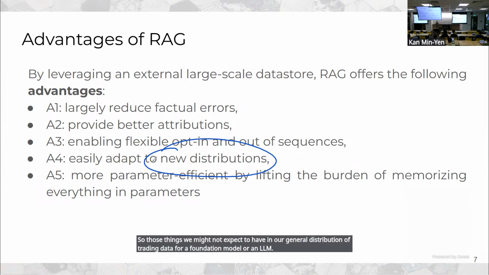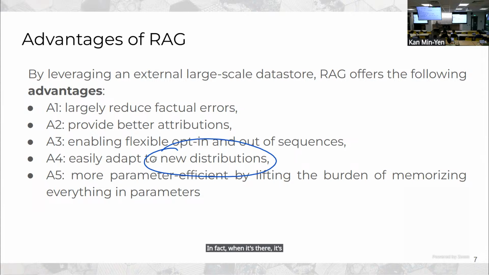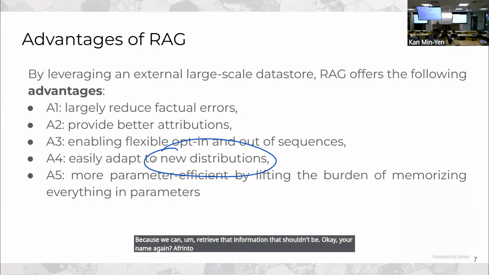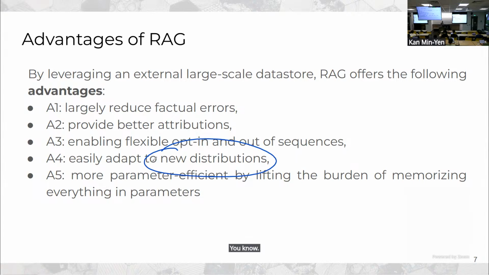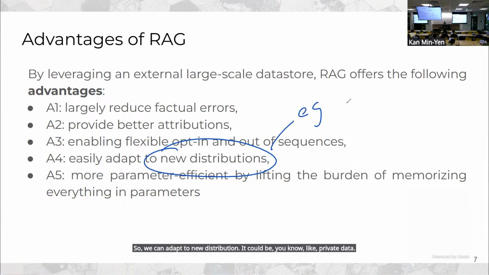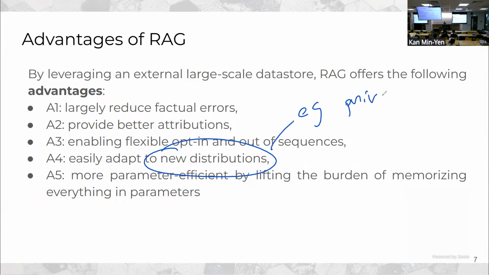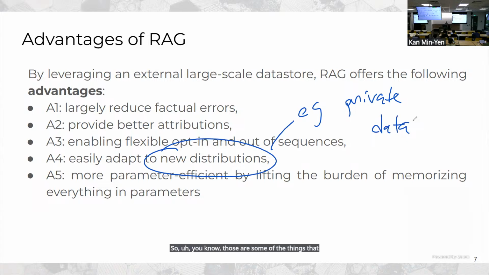In fact, when it's there, it's actually a bad thing, as we showed in many slides, because we can retrieve information that shouldn't be retrieved, right? Your name again? Jindong. Okay, so Jindong says we can adapt to a new distribution, like private data. Okay. So those are some of the things that we can do.